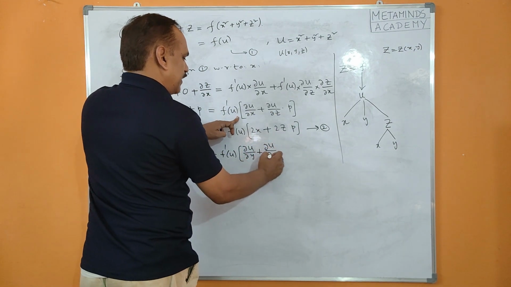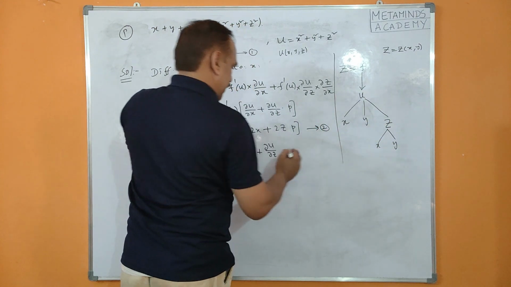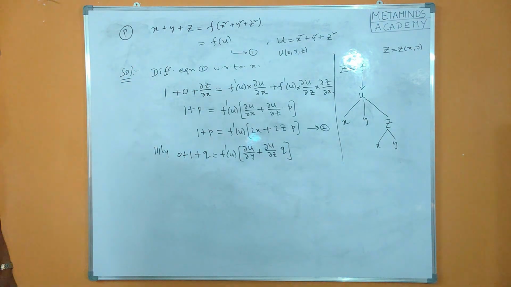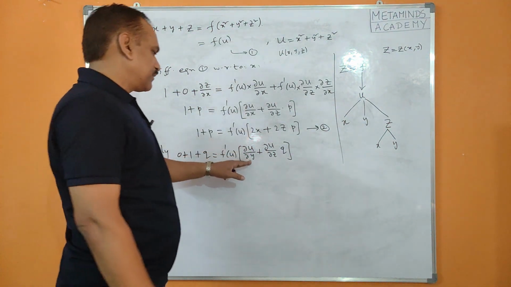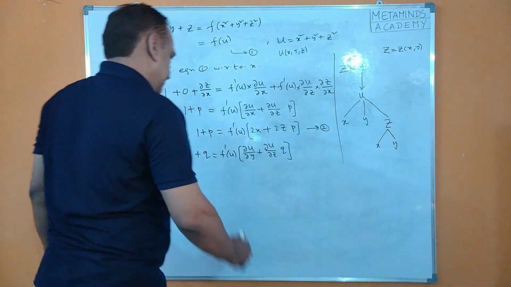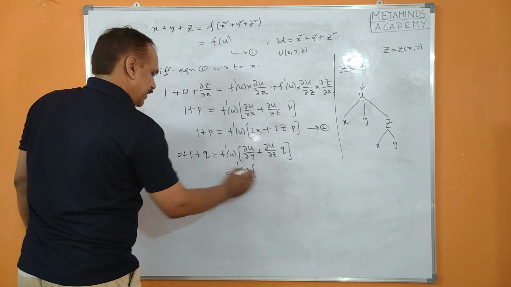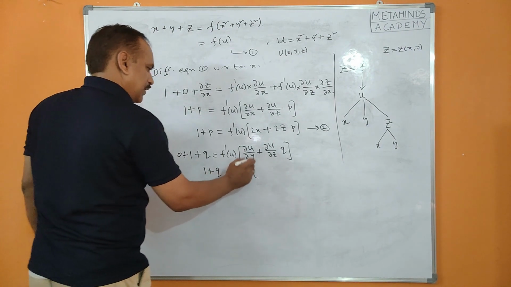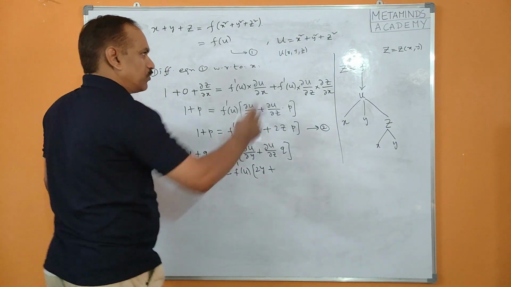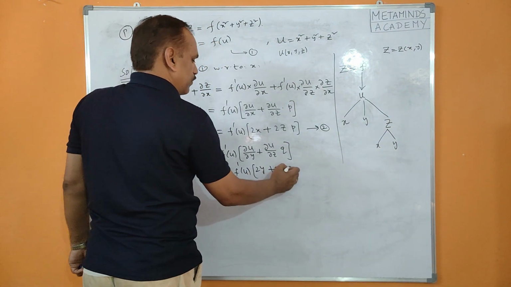Plus dou u by dou z multiplied by dou z by dou y, which is q. Here you have dou u by dou x, dou u by dou y, dou u by dou z, p, q. Now this is f dash u into, dou u by dou y is 2y, dou u by dou z is 2z, multiplied by q.